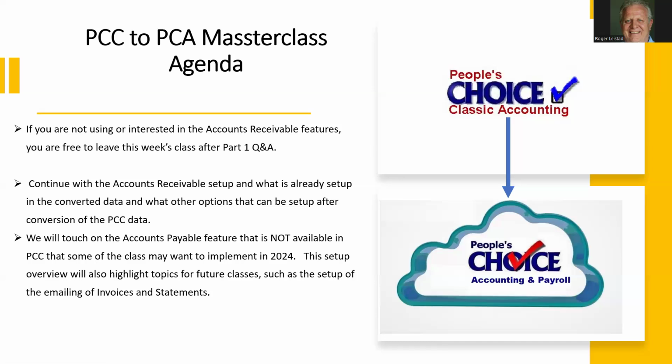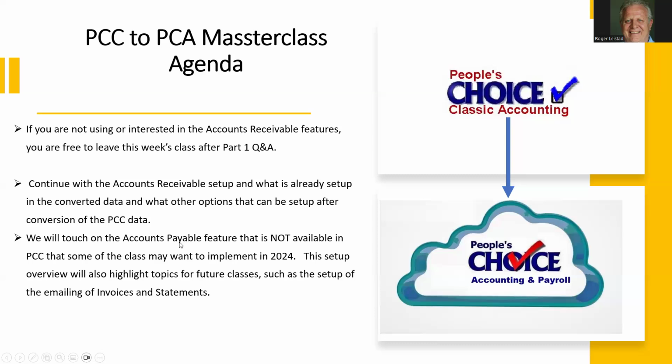And so what we'll be reviewing is kind of backtracking to see what had already been set up in Classic that got brought over, and then where there's places to look at new features that maybe you want to get implemented. I'll leave it open to talk about the accounts payable feature. We can get into that.